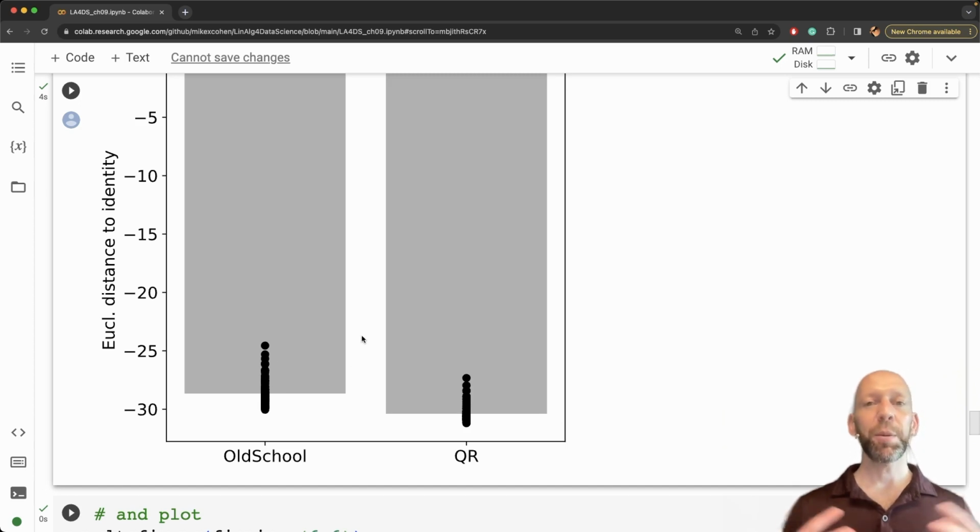Again, these are larger matrices, but they're still pretty easy to invert, numerically speaking, because random matrices just have very nice properties that make them suitable to complicated linear algebra operations and decompositions, including matrix inversion. Nonetheless, you see that on average, QR decomposition is more numerically stable than the old school method.